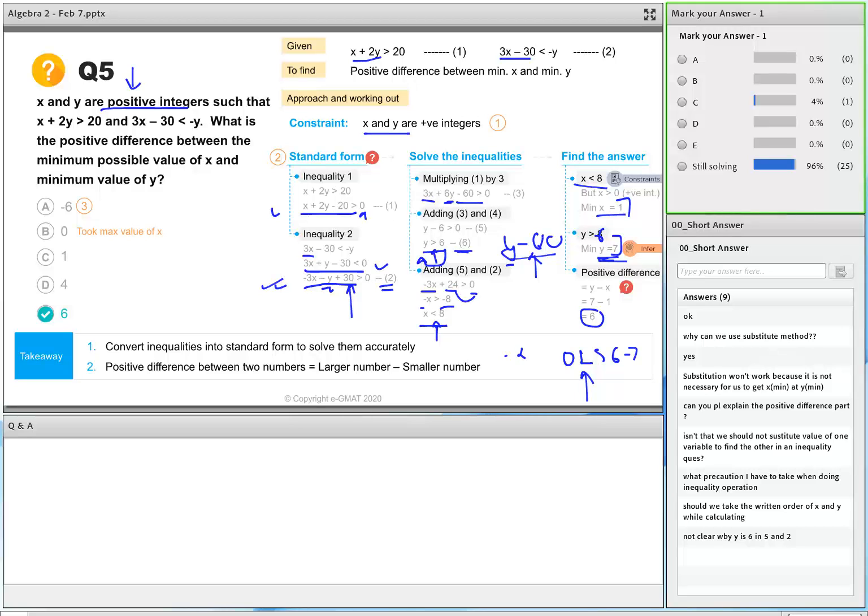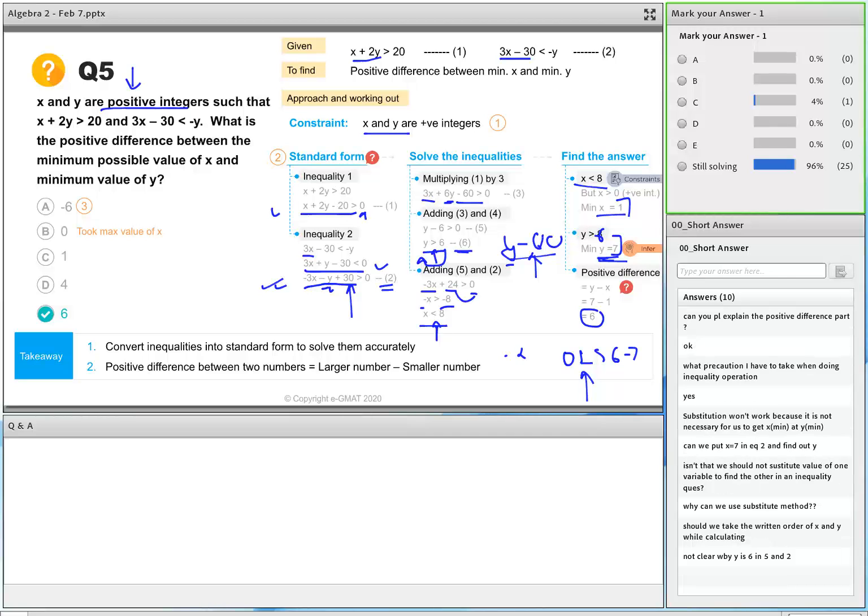What precaution do you have to take to solve inequality operations? You cannot add inequalities with different signs, so they have to be of the same sign. Also, when you multiply an inequality with a negative number, you have to change the sign of the inequality. All these small things are really very important.